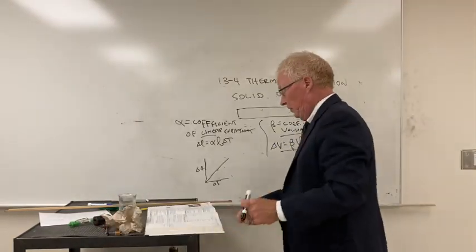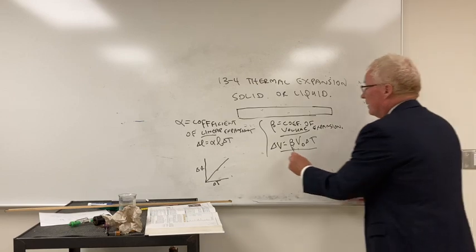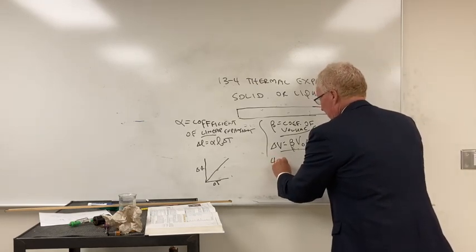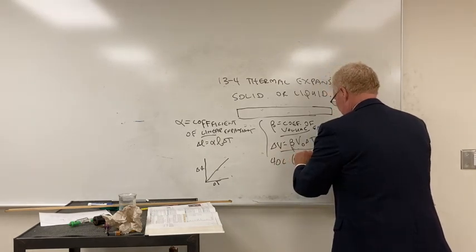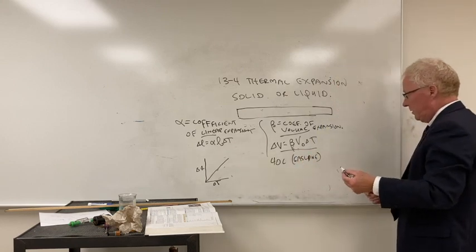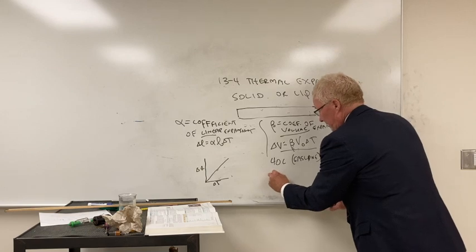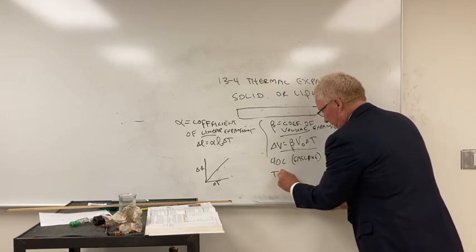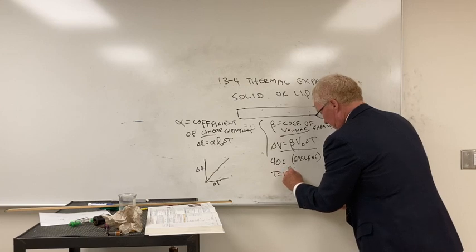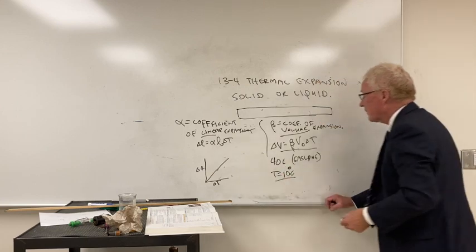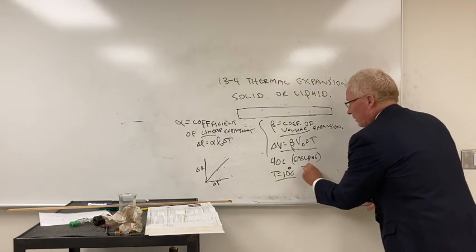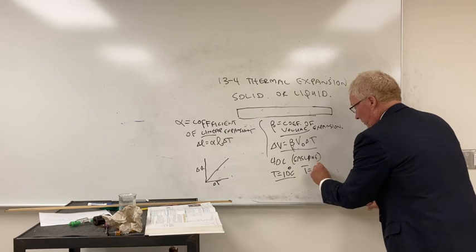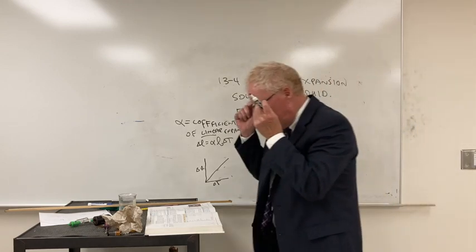Let's take an example: we have, say, 40 liters of gasoline, and it comes out at, let's say, about 10 degrees Celsius, not unusual. Now we let it sit in the sun. It gets really hot. The temperature in the car and the gas tank goes up to 40 degrees Celsius.